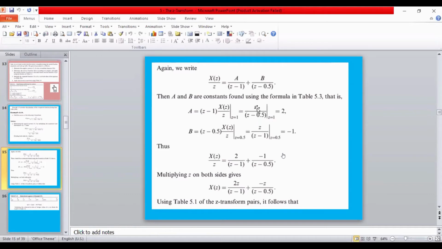So 1 will be here, right? 1, and 1 will be here as well. So 1 divided by 0.5 with 1 minus 0.5 will be 0.5, and 1 divided by 0.5 is 2, right? So we simply substitute 1 for these two z values here, and this number 2 pops up.